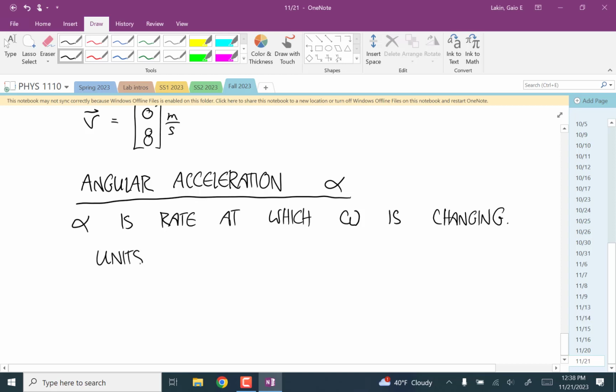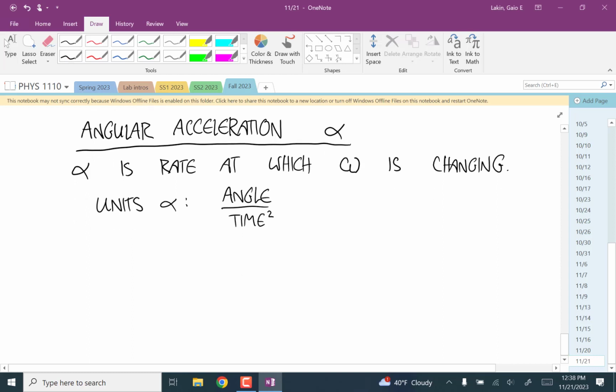The units for alpha are angle over time squared. And the SI units then are radians per second squared.